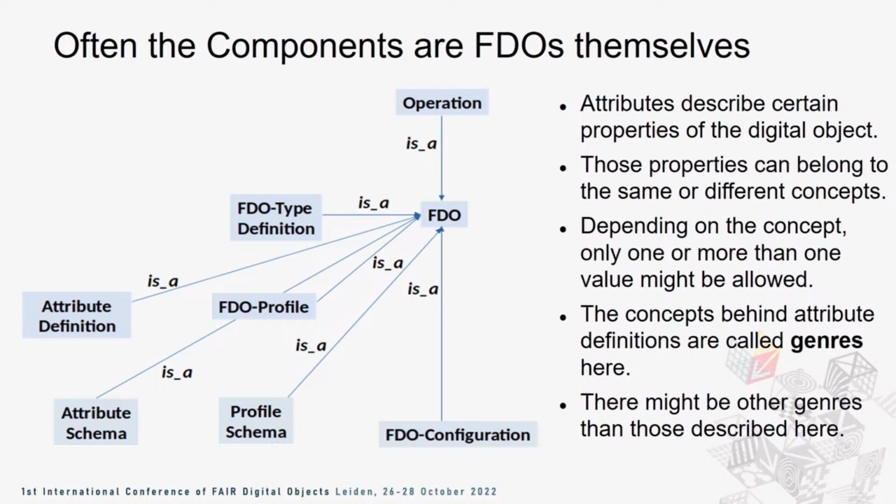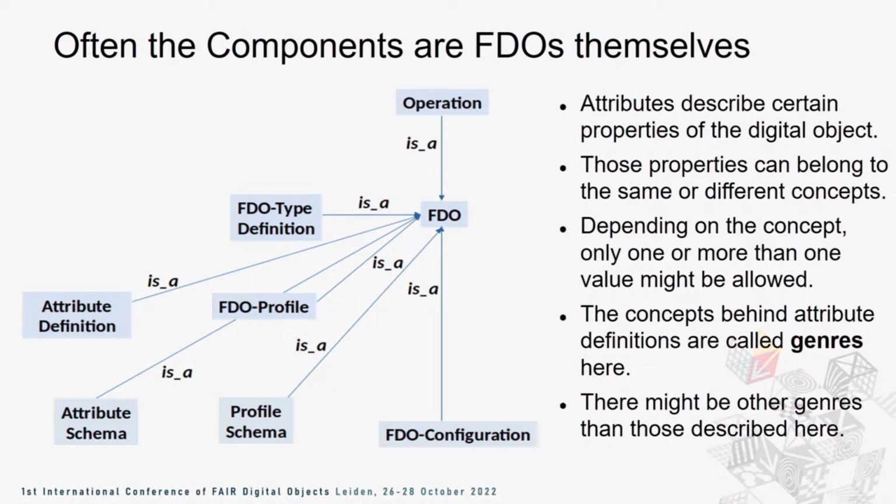So we have this FDO, which somehow refers to a bit sequence, which is the digital object we have in mind to describe, but also we have this FDO type or FDO attribute, which is itself again an FDO.